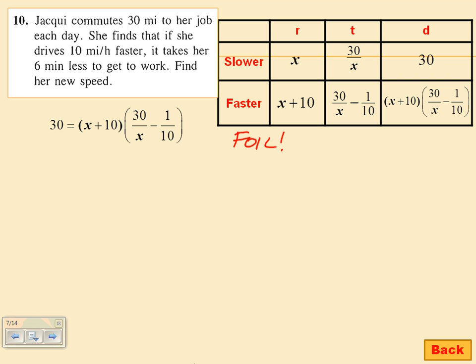So that's 30 equals the first two numbers, X times 30 over X. That gives me 30. The outside, if I multiply X times 1/10, I get X over 10.